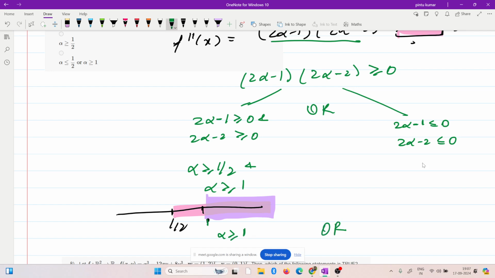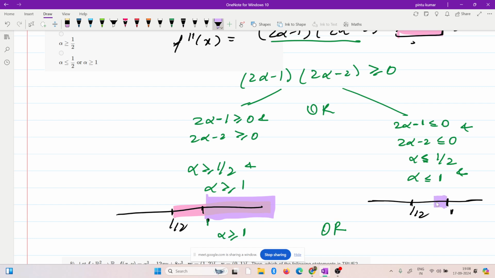Or let's see what we get from here. So alpha is less than or equal to half, and alpha is less than or equal to 1. If you draw something similar, this is half, this is 1.